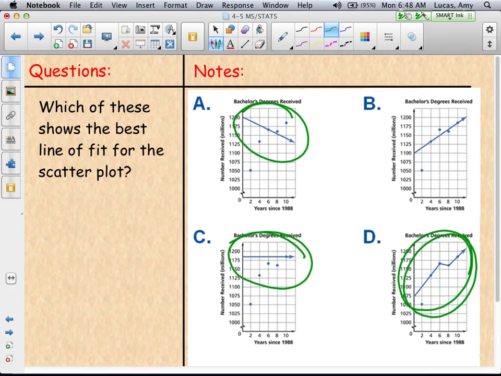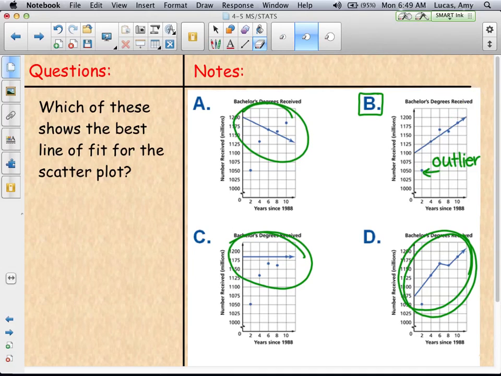Now, I'd like you to take a look at B, the correct answer, because you may be concerned because there's a point way down here that they left out. The reason that they left that point out is because that point is called an outlier. And when you draw your line through the trend of your data points, you are allowed to ignore outliers. So you may have been thinking that the line of best fit should go something like this.